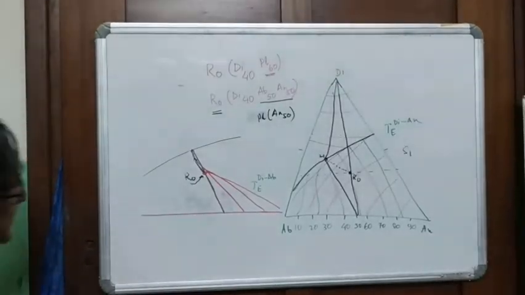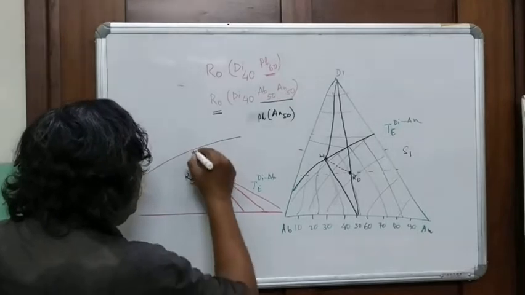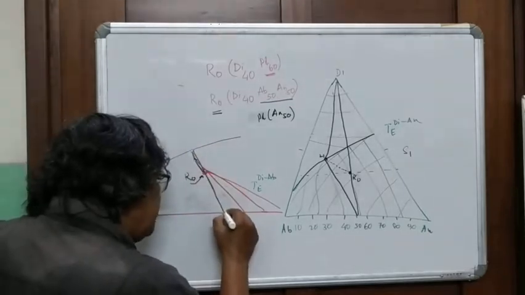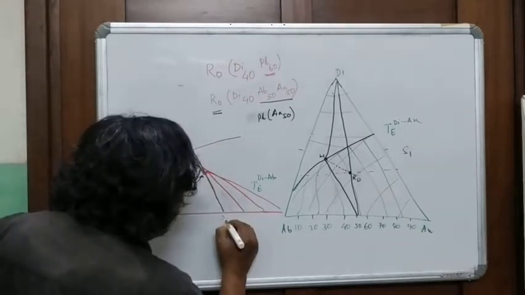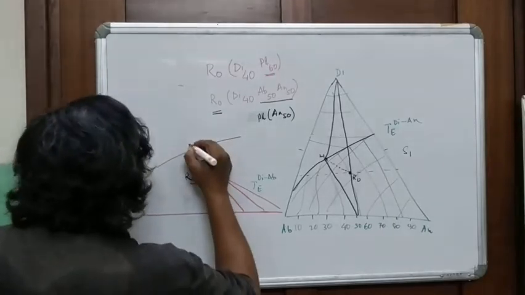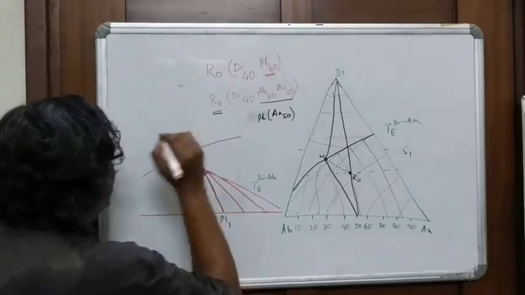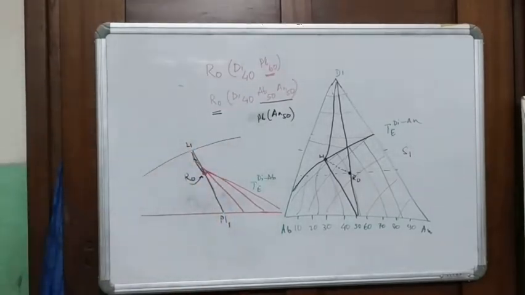So what will happen? If you are here, this is the rock composition, so you are on this binary. This is plagioclase 1, and let's say this is L1. Now what will happen?